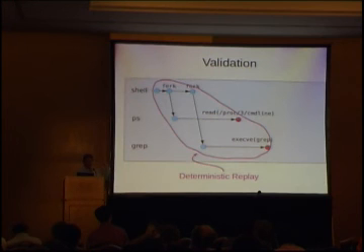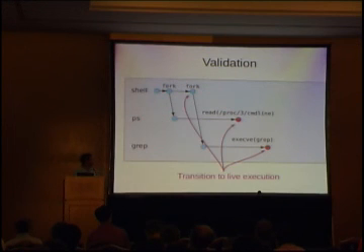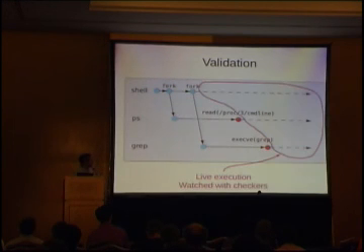It's going to do a deterministic replay until the race. Once the race is replayed, we transition to live execution, so the application is going to be able to run freely after that. And we're going to monitor the execution carefully with checkers. So that concludes the validation step.